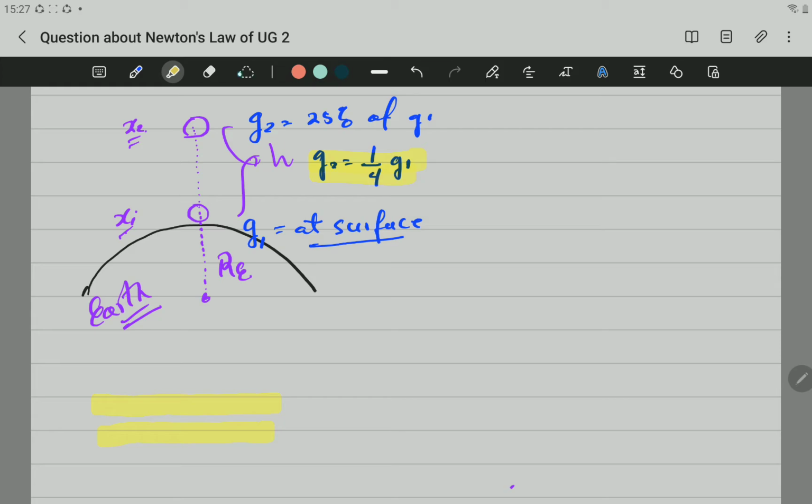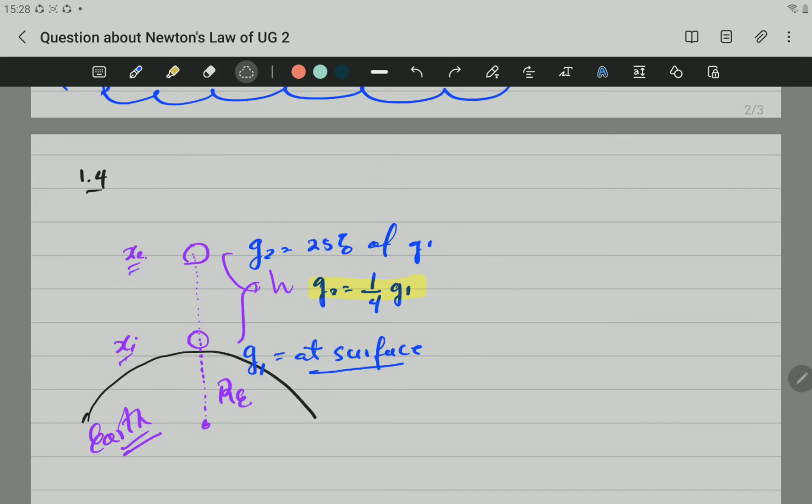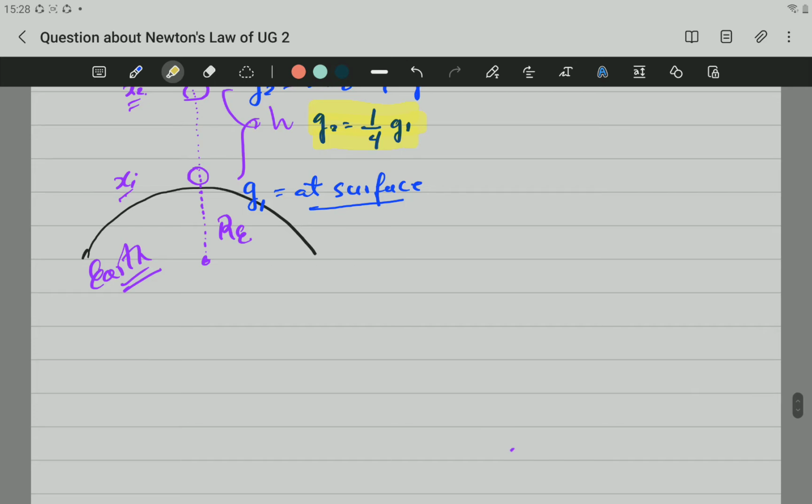They are telling you that the acceleration due to gravity at that specific point is going to be 1/4 of the acceleration due to gravity right on the surface. That is the very, very important point here. So we have 2 points. We're going to call the surface point 1, and the point above the surface point 2.